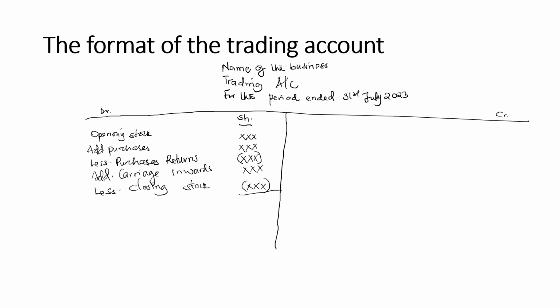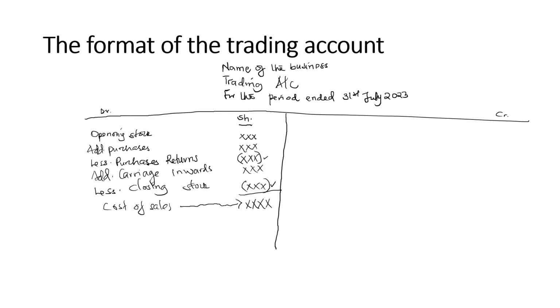Now, you'll note that there are these items which we have included in the bracket. We are subtracting them, and we have used the terms here: less, add, less. So you take your calculator, you feed all the figures there, then you'll get your figure down there, and therefore this is the cost of sales. The cost of sales is given by this.